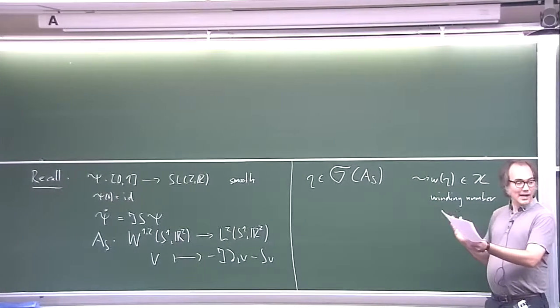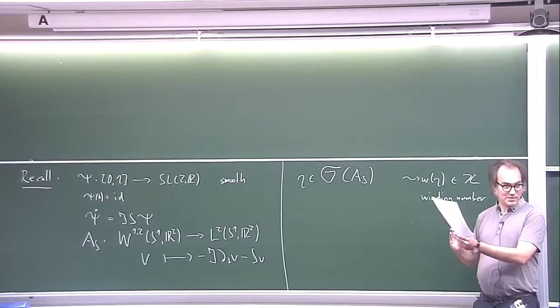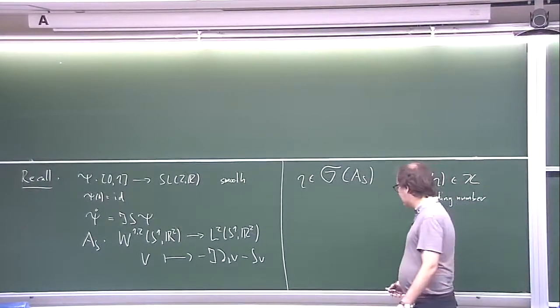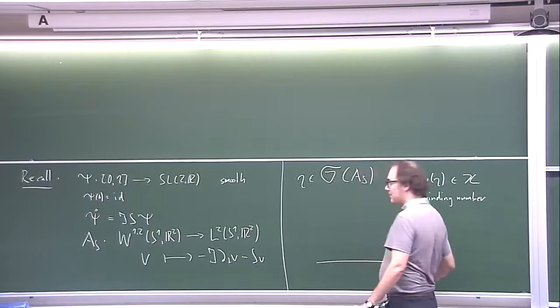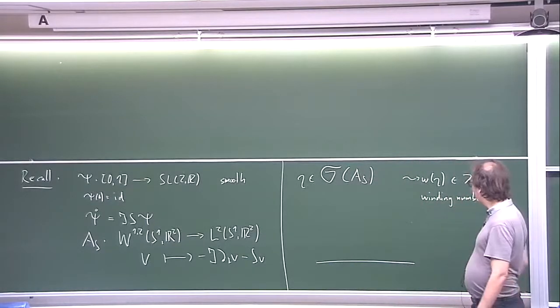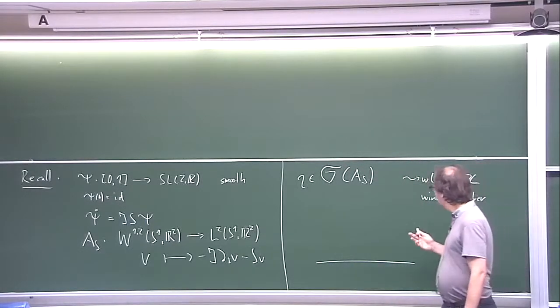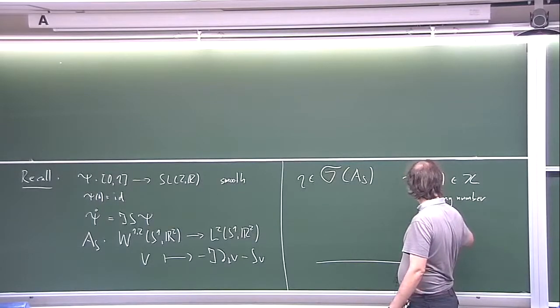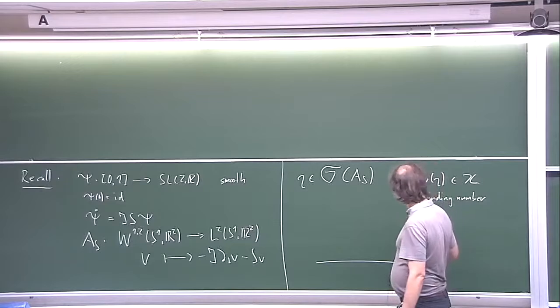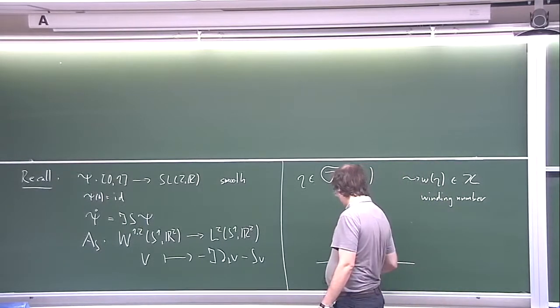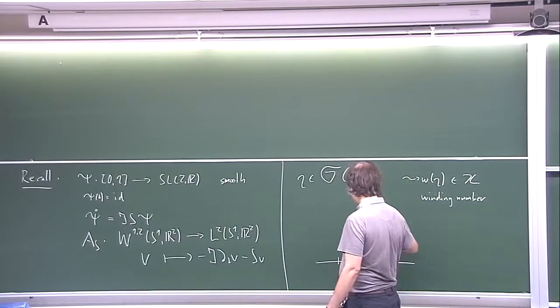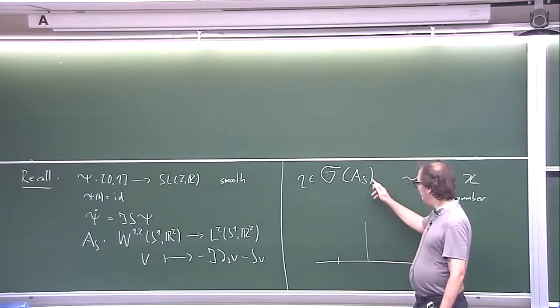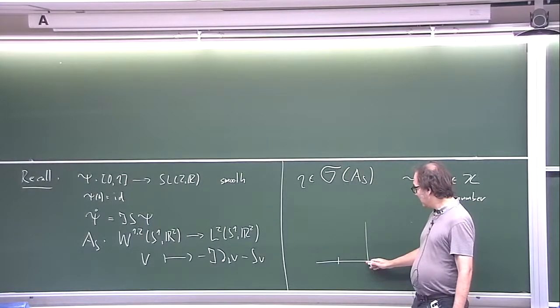eigenvalues of different winding number cannot cross. And this gives us quite nice information about how the eigenvalues and the winding numbers are distributed. So if we have S, we can look at the homotopy from S to 0.